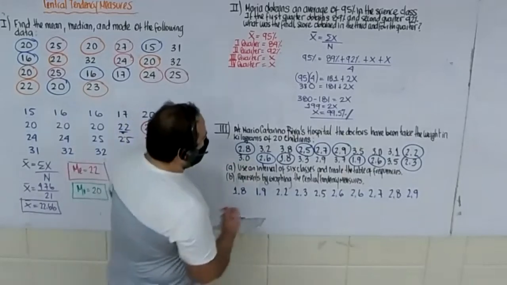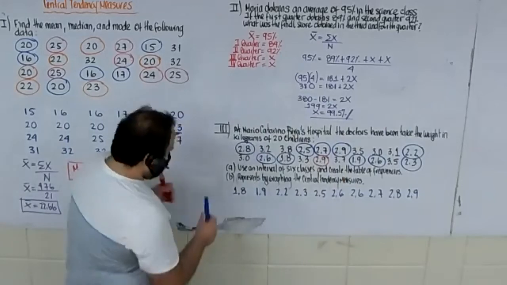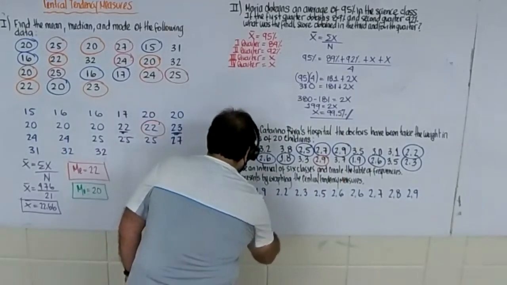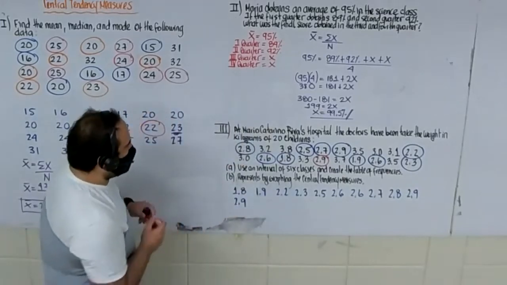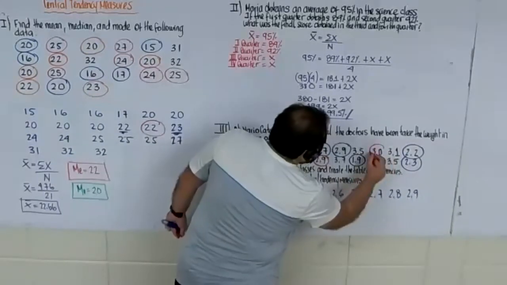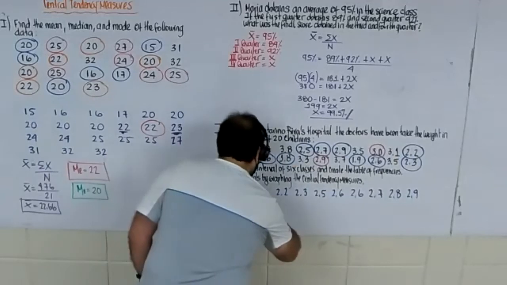Another one is located over here. 2.9, 3.0. We got 1, 2, 3.0.